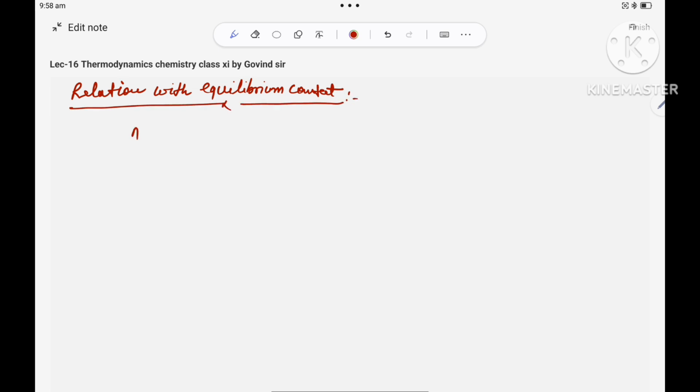So one reaction is given, A plus 2B gives 3C plus D. What is the Q for that?